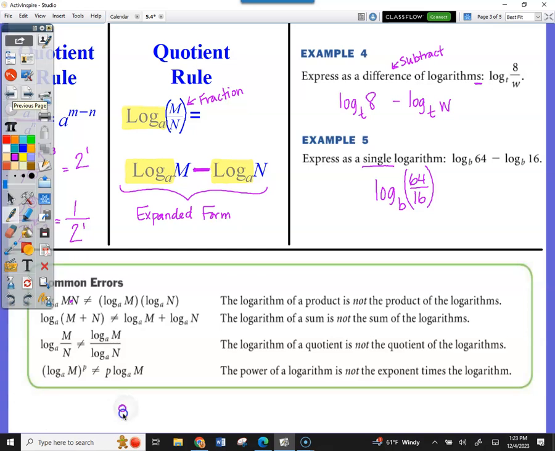But multiplication, draw a double-sided arrow, and addition go hand in hand. There we go. Division and subtraction go hand in hand. And then the power comes to the front.